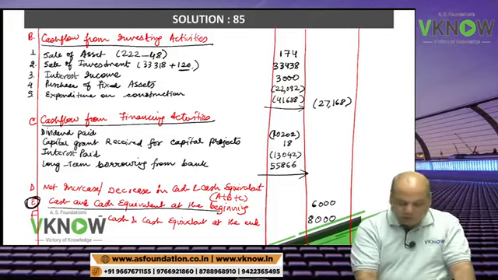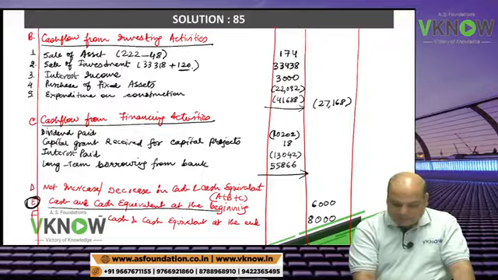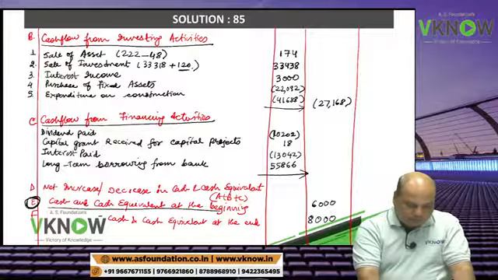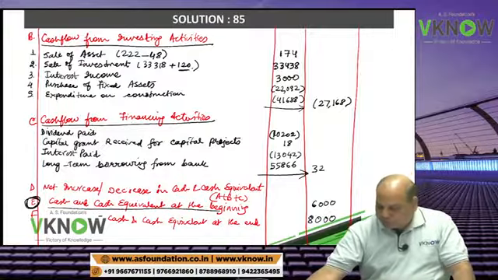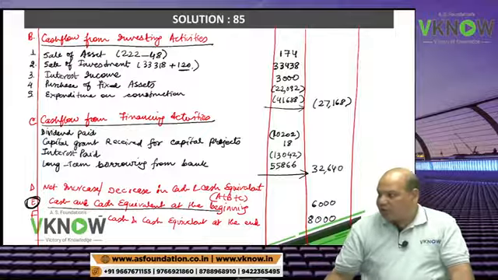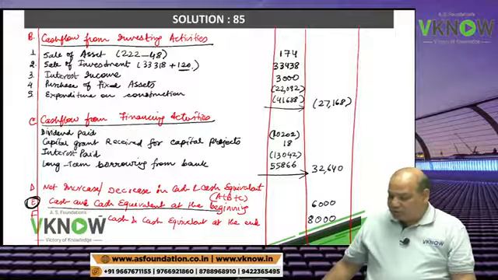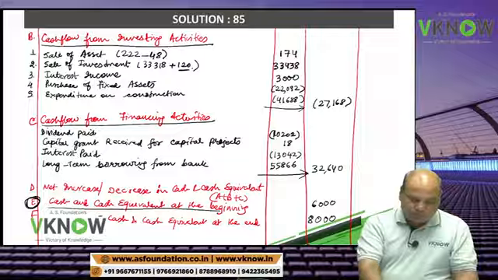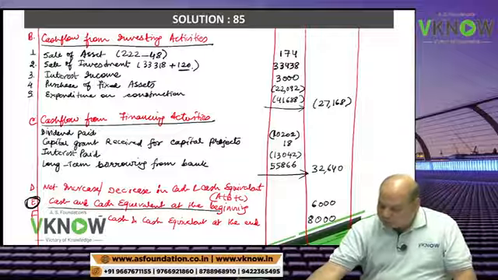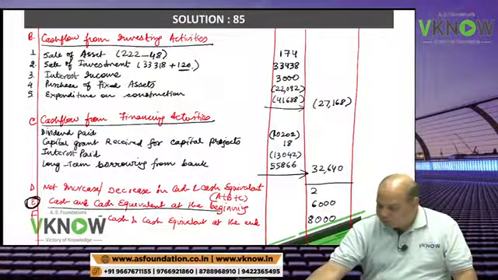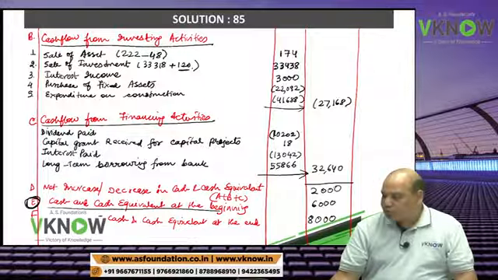Now take financing activity total. Anybody for financing activity total? So this is 32,640. Tanya is right. 32,640. So if you see the net increase, it is coming to 2,000.